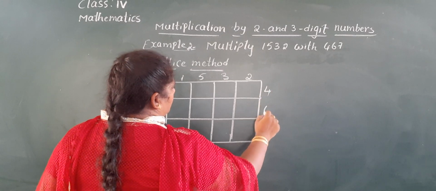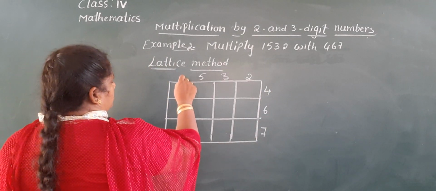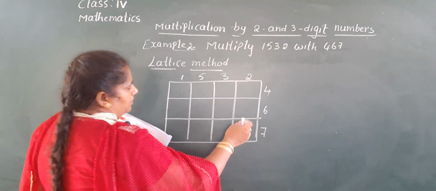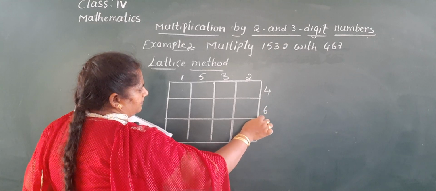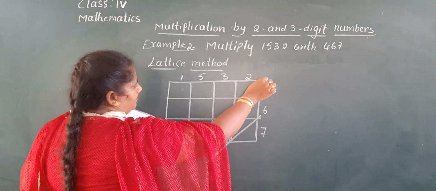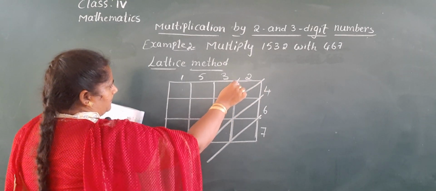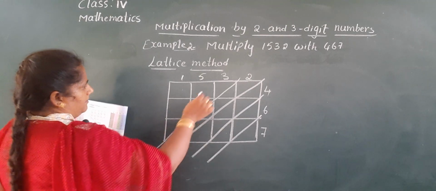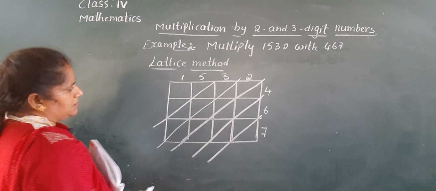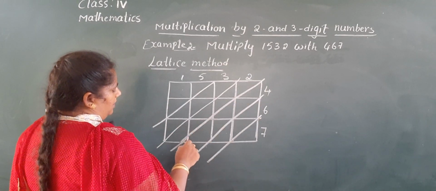Multiplier 4, 6, 7. Okay? Multiplicand, so that we make 4 columns and 3 rows. After that, you divide the boxes at corner place. Okay? See this corner to corner, corner to corner, corner to corner.